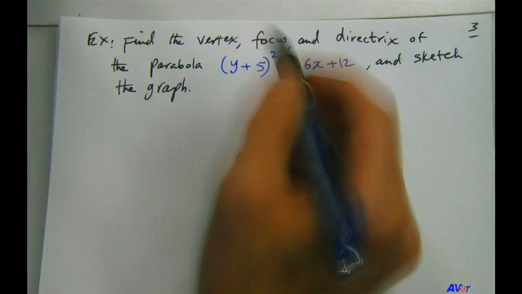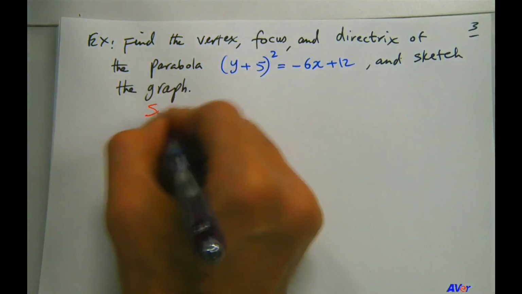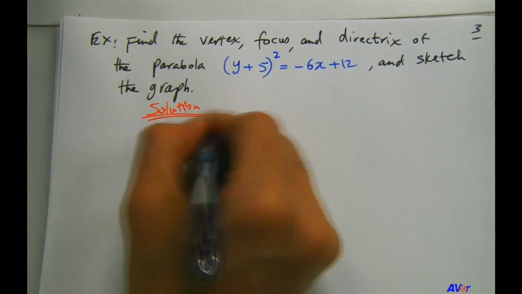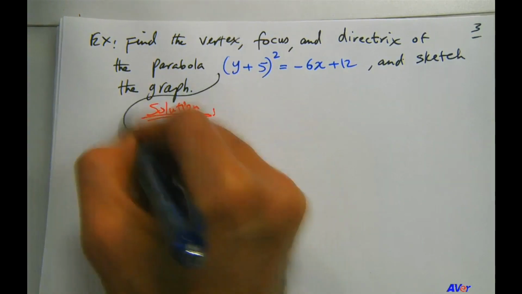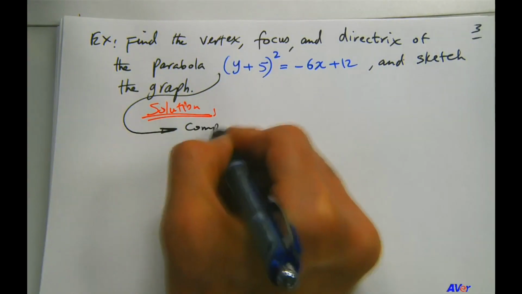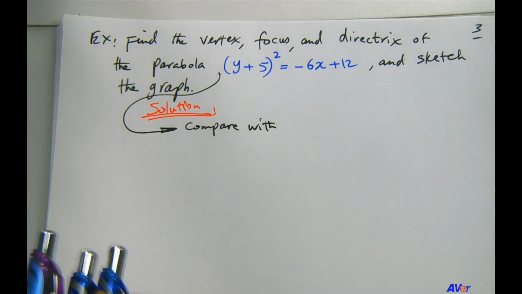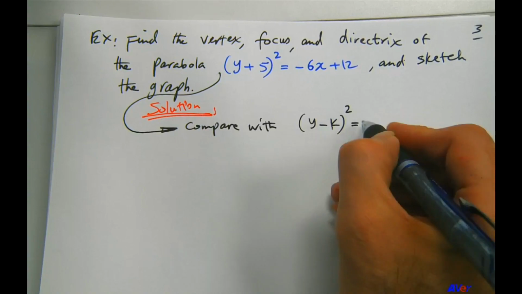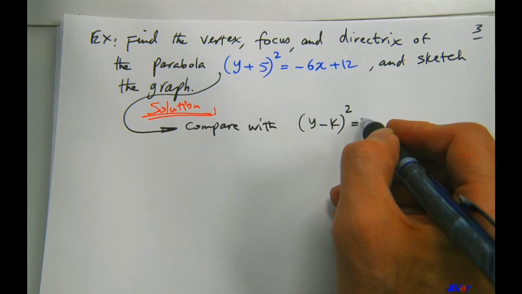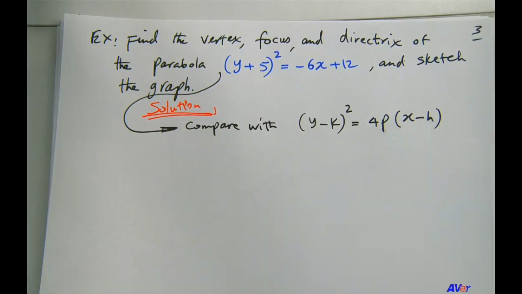So what I would do is first, let's compare that with this general equation, (y minus k) squared equals 4p times (x minus h), right?